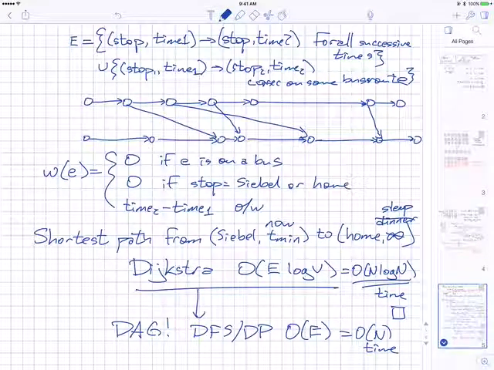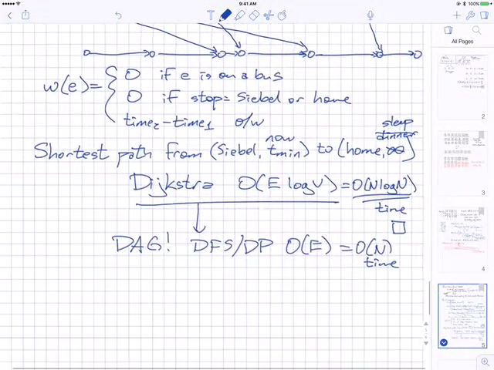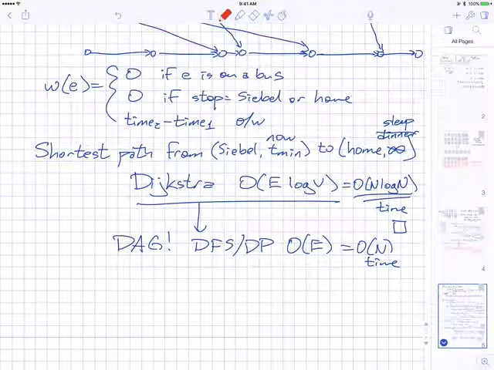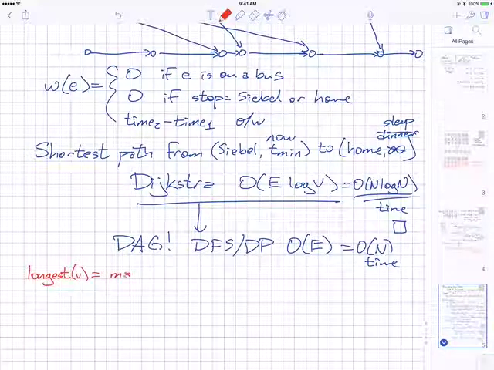Okay, so you had a question related to this problem. Oh, dynamic programming, depth first search. So the idea is that if I want to compute, say, the longest path, I define longest of v to be the maximum length of path from v to whatever my target node is.